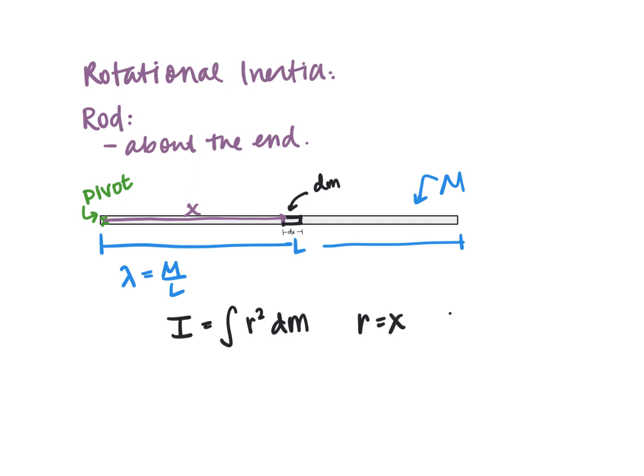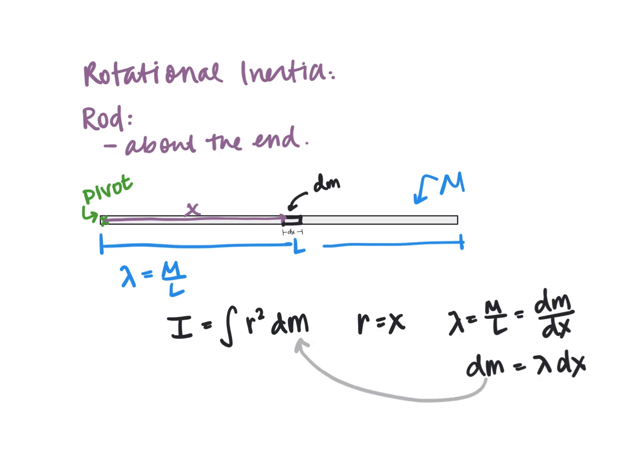And if lambda is equal to the mass per length, then it would also be equal to dm over dx, which means that dm is equal to lambda dx. So now we can make a substitution of dm back over here, and r will be x.